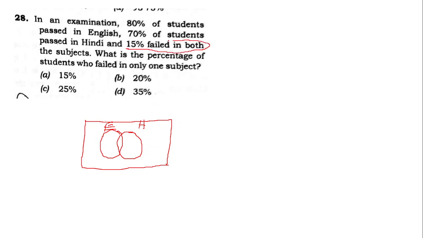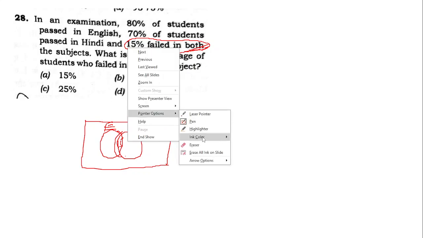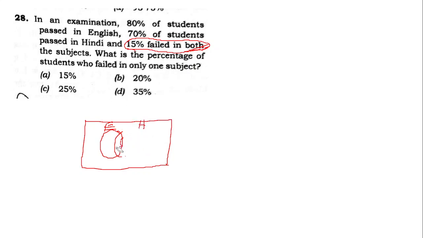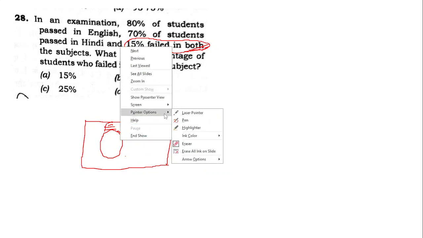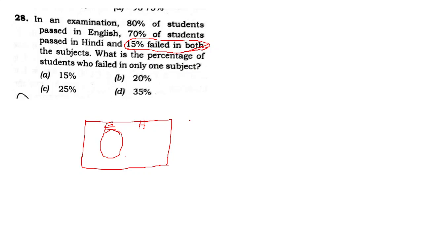Guys, whenever you solve Venn diagram related questions, this part, the both part, is extremely important. 15% failed, so I got 15 here. Let me just draw it neatly. The both point is extremely important in solving Venn diagram questions. 15% failed, it says.